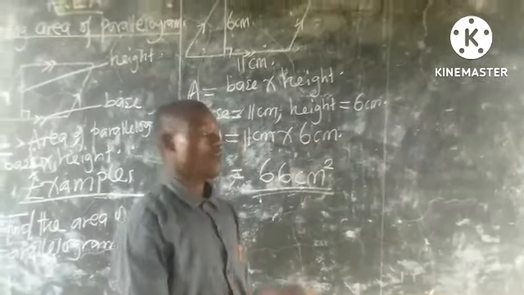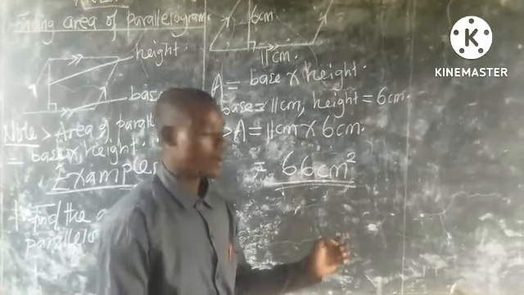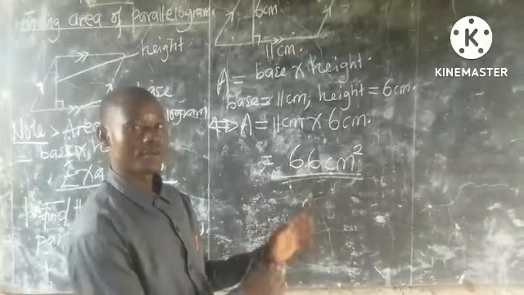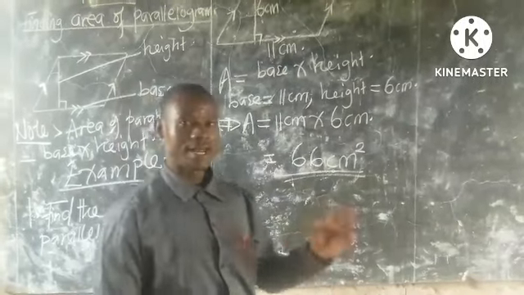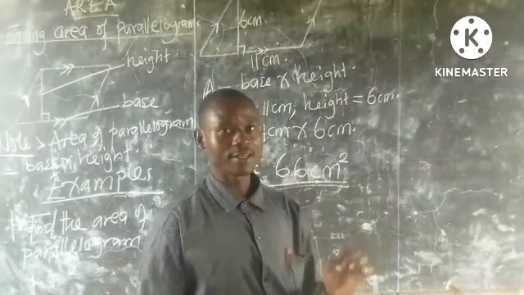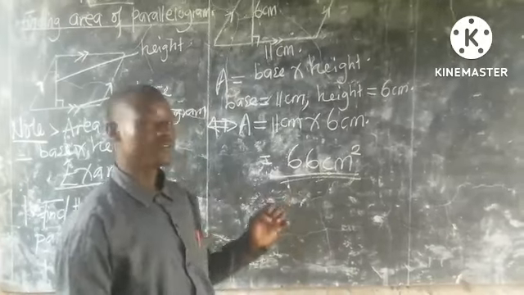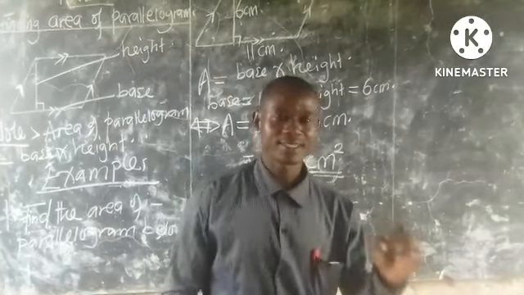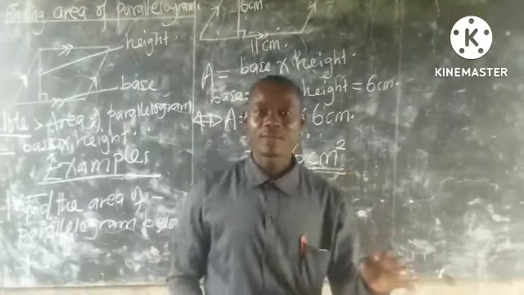So my dear learners, this is how we calculate the area of a parallelogram. And I hope we are through with that. Is there any question? If there isn't any question, I'm going to give you an exercise. By the exercise I'm going to give you, you will discover them by yourself.